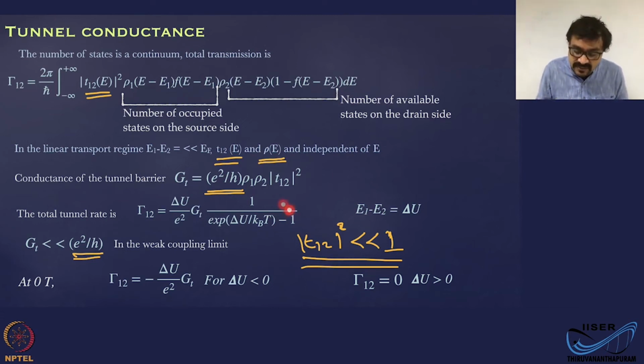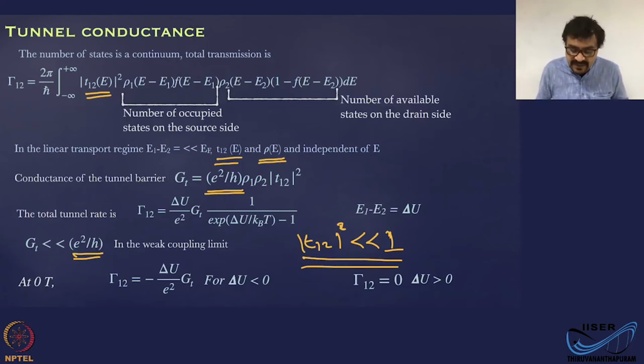When you apply the 0 temperature limit, gamma 12 has this value only when delta U is less than 0. You have to factor in the negative charge of electrons, which I have not assumed in any of this discussion. Okay. So once you substitute for the negative charge, all these terms will fall in place. Now gamma 12 is 0 when delta U is greater than 0. That means there is no energy gain.